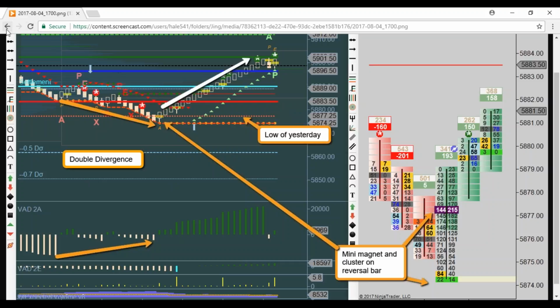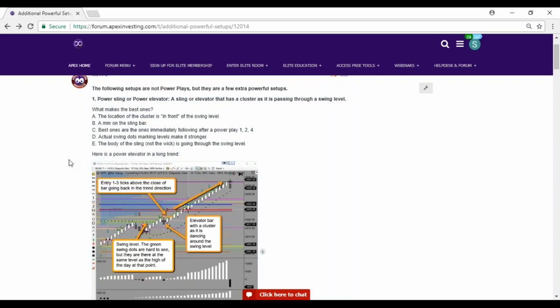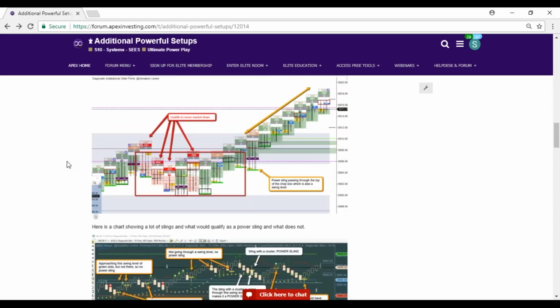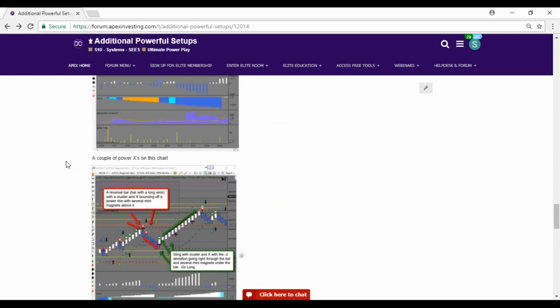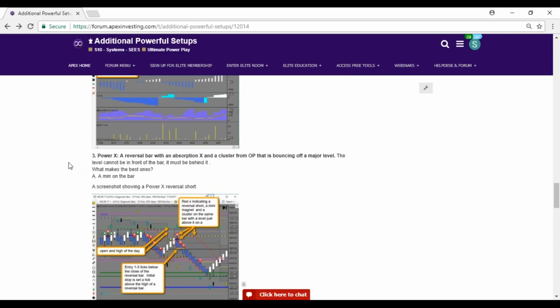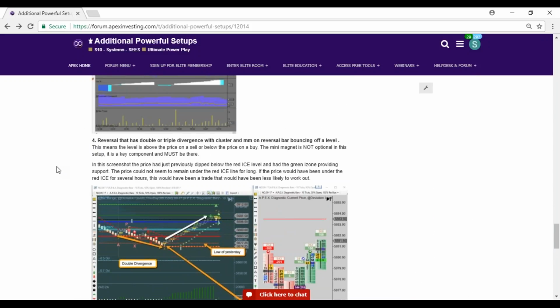All right. So, guys, we had power slings and elevators. We had power P's, we have power X's, and right there I just showed you double and triple divergences.